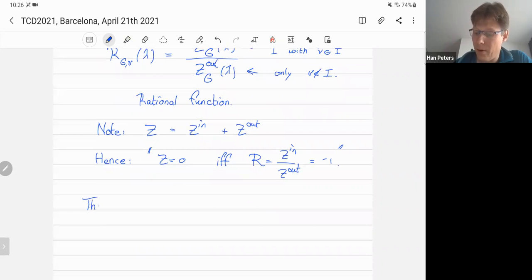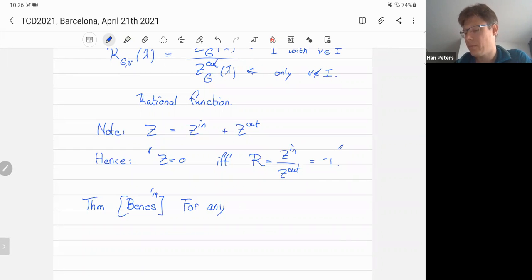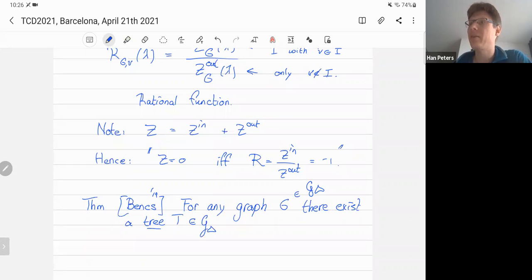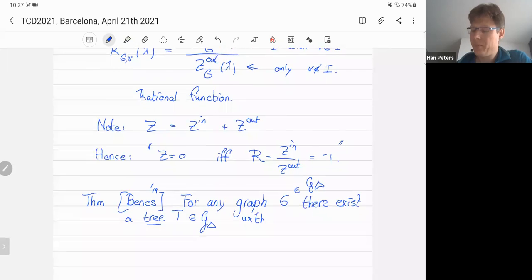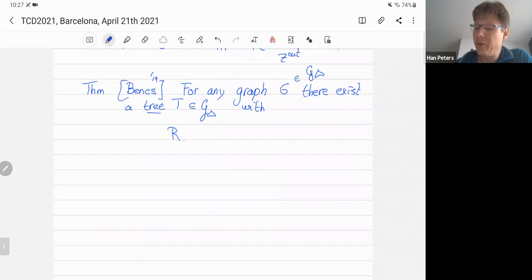Now, here is a theorem of a Hungarian combinatorist, Bencs, from 2019, something like that, which says that for any graph G, there exists a tree T. So this graph is, let's say, in G_Delta, then the tree is also in G_Delta, same maximal degree, with the ratio of the graph with the marked vertex equal to the ratio of the tree with the marked vertex.